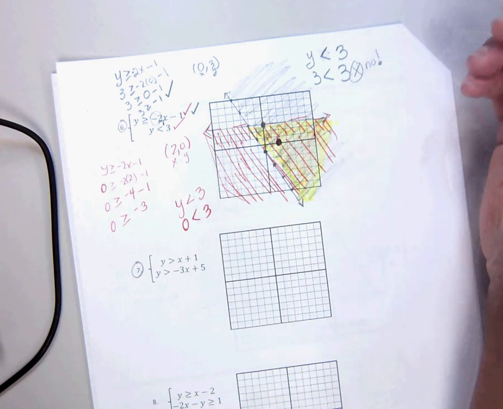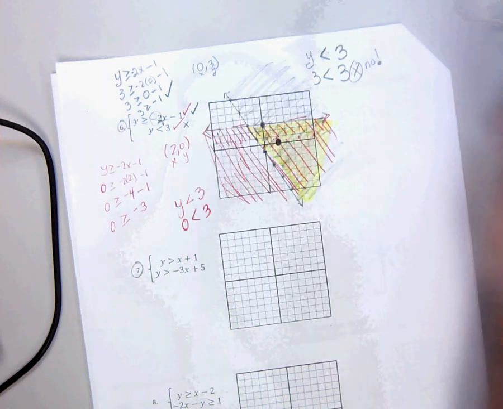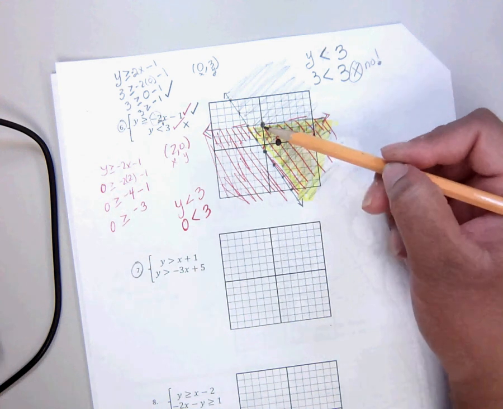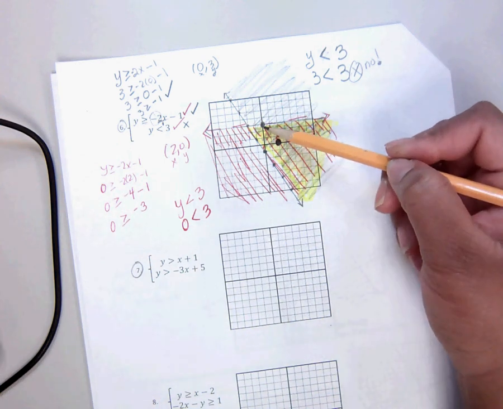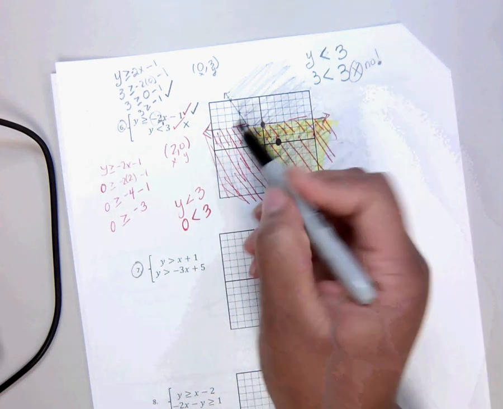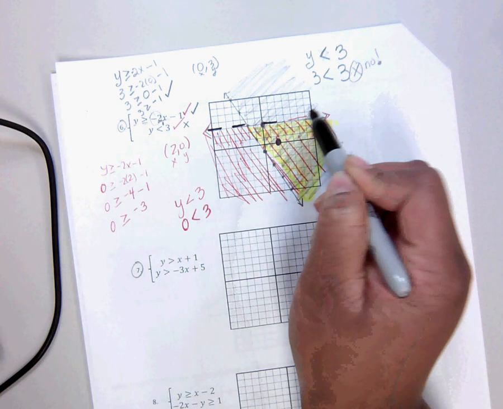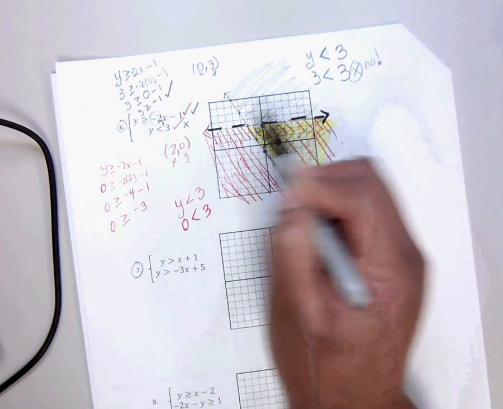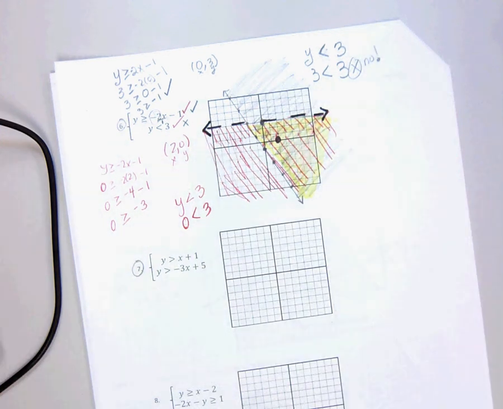It's not true. So this is not a solution. And that is exactly what we have learned when it's on a dashed line. It's not a solution. And the point we chose was on that dashed line.